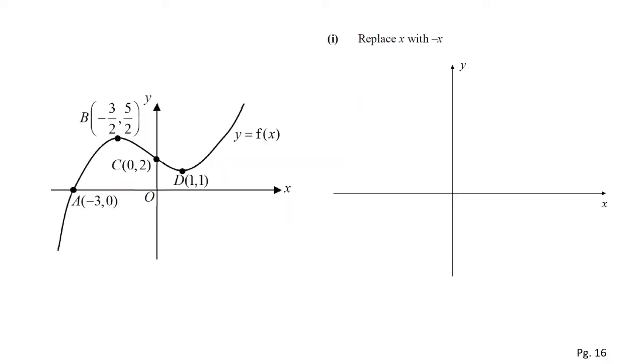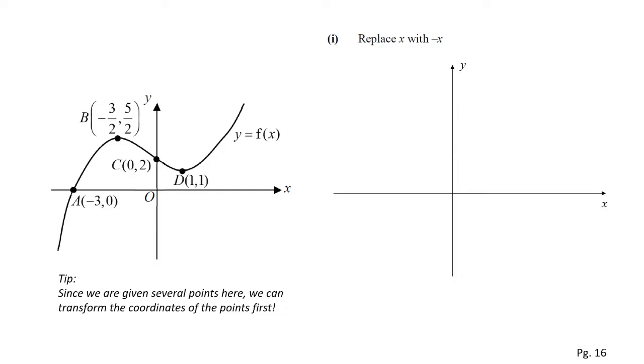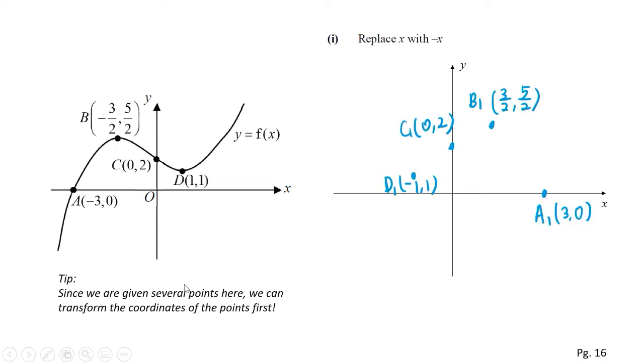Moving on to the solution itself, my tip for you is that since we are given several points over here, we can transform the points one by one and then sketch out the graph from there. For each of the x coordinates, I'm going to multiply by negative 1. So A will now transform to (3, 0).